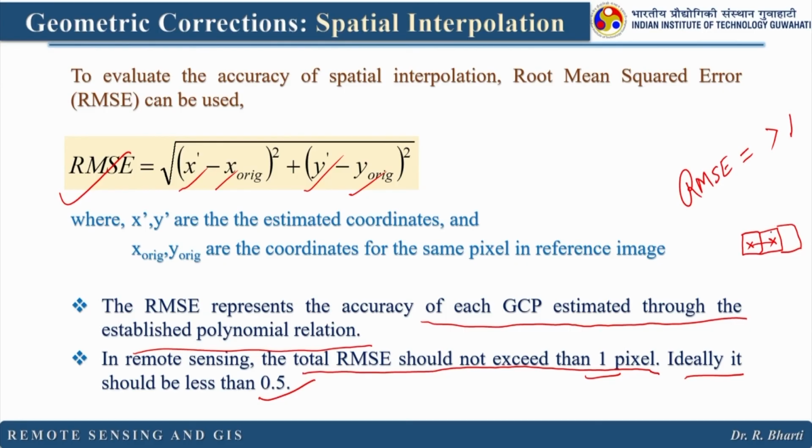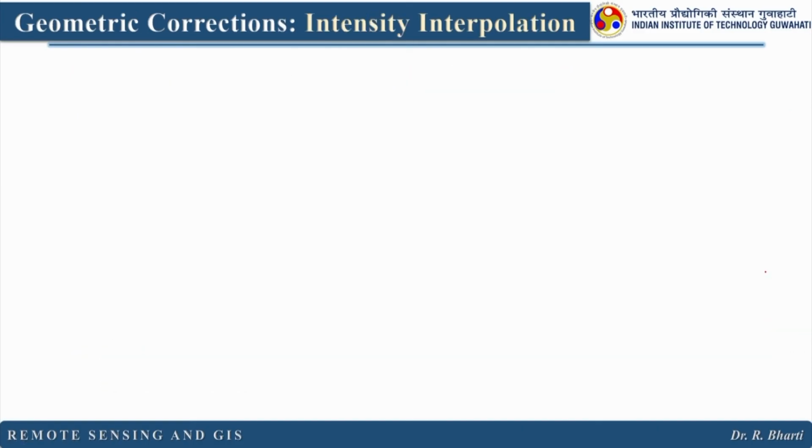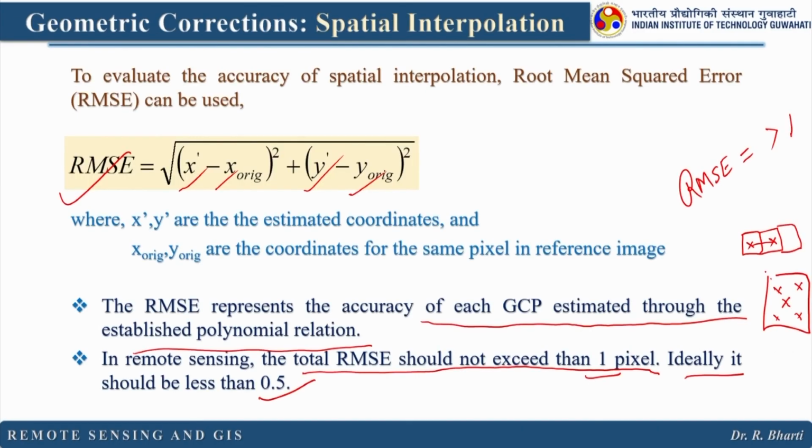So, that means if it is 0.5, that means the object which was supposed to be in the center, but because of some error it got shifted to this or this or this or this location, but at least that will remain within that particular location, right. So, that is the advantage when you are having this RMSE less than 1.